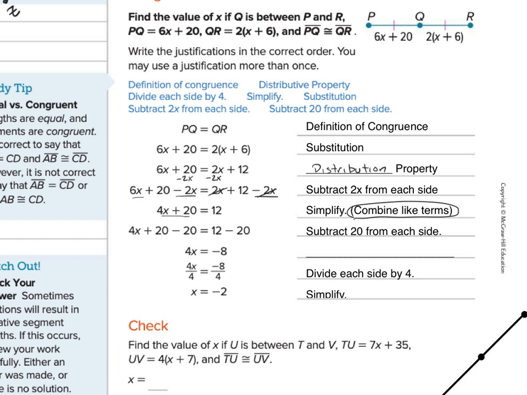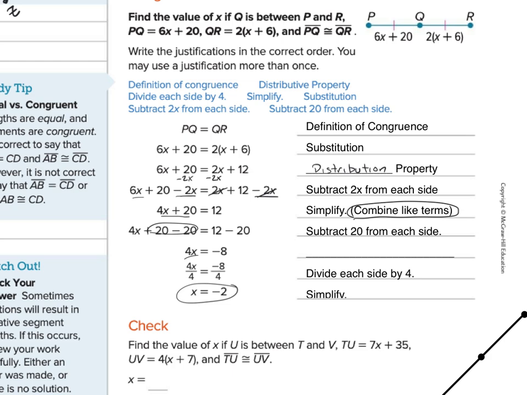Then again, they're subtracting 20 from both sides because this becomes 0. So 4x is equal to negative 8, dividing both sides by the coefficient, and then x is equal to negative 2.